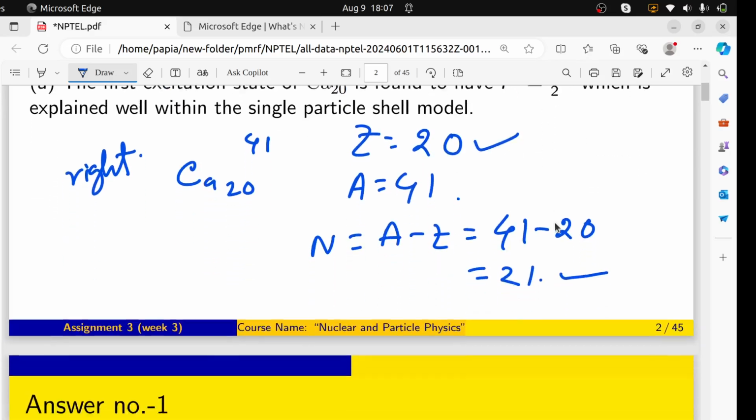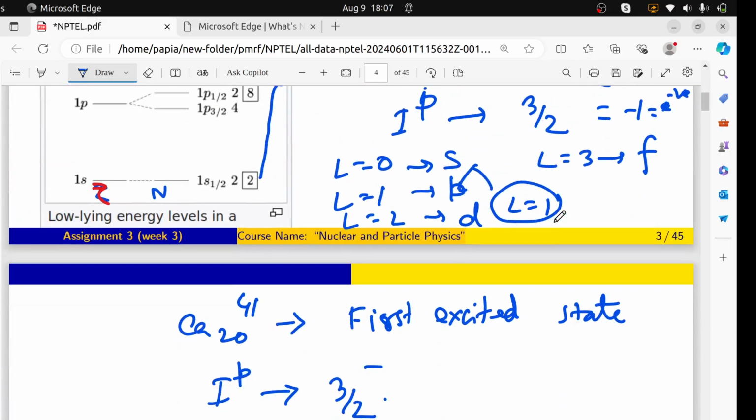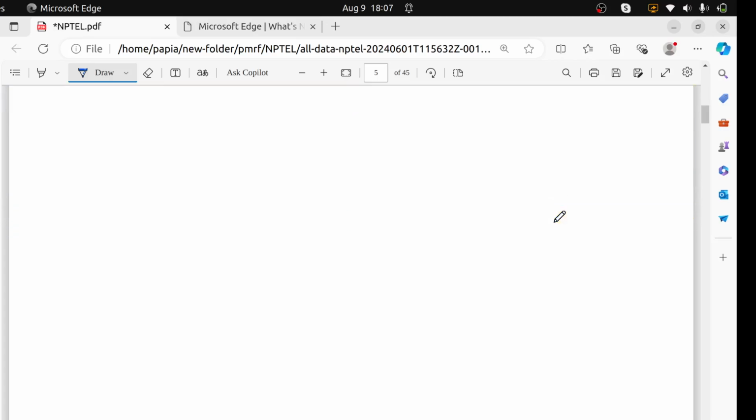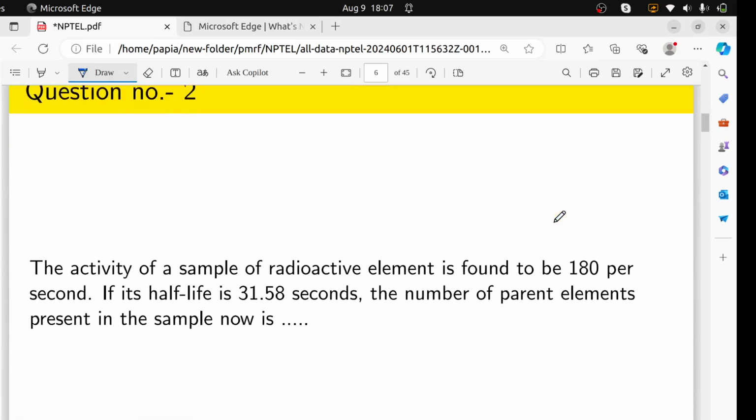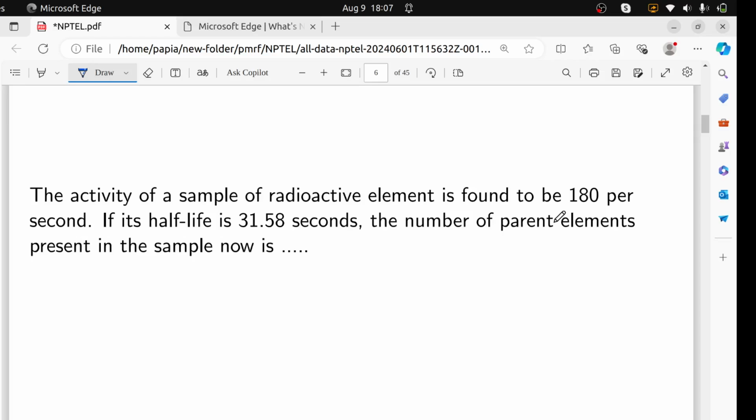Okay, fine. Now we can come to the next question. For this question, as well as for the rest of the questions for the week 3 assignment, it will be totally based on radioactivity.